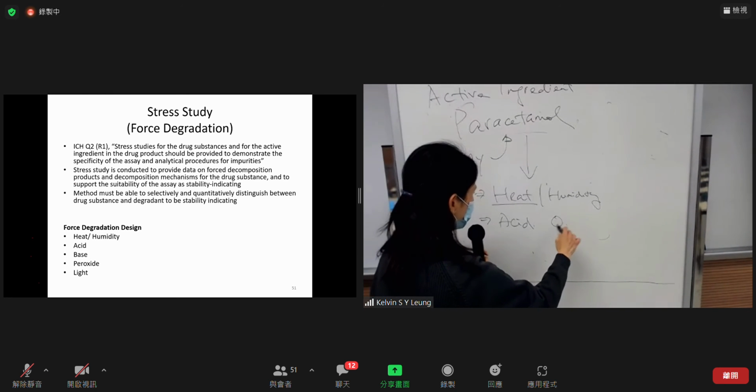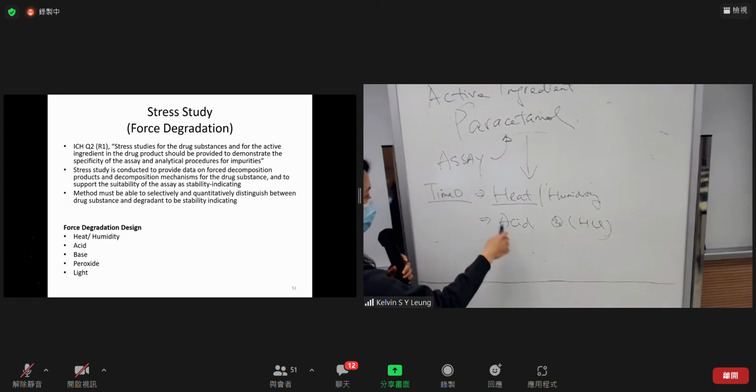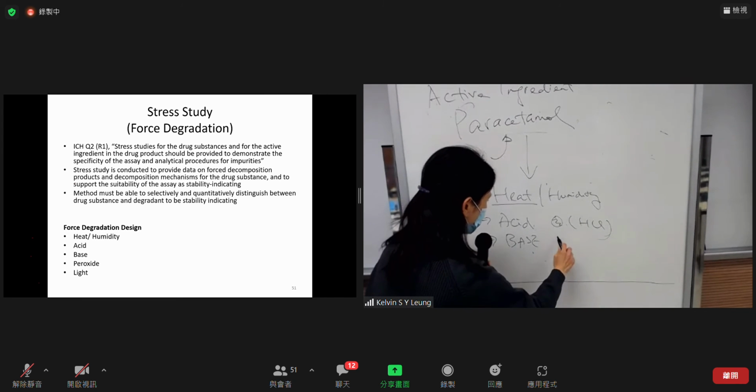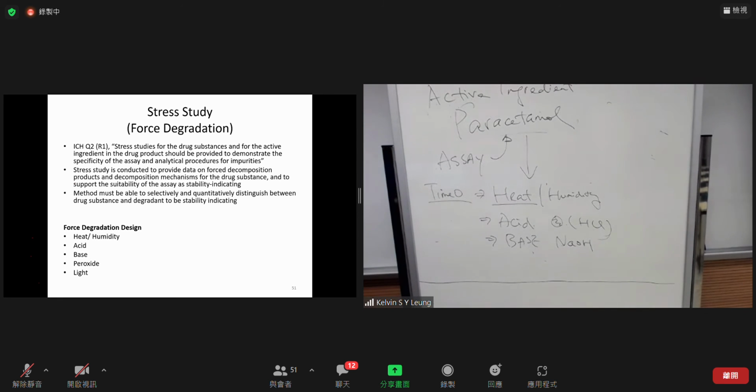Depending on the concentration, you can use HCl to perform the hydrolysis. And then you can also use a base, let's say sodium hydroxide, just as an example. Depending on your sample properties, you can use a certain acid or base for your sample design.